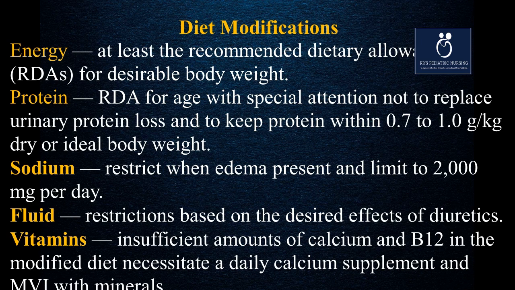Sodium: restrict when edema present and limit to 2000 milligrams per day. Fluid: restrictions based on the desired effects of diuretics. Vitamins: insufficient amounts of calcium and B12 in the modified diet necessitate a daily calcium supplement and multivitamin with minerals.